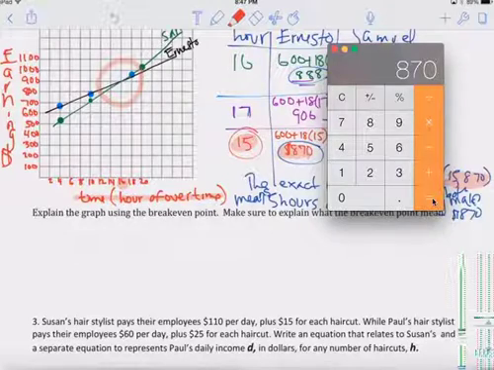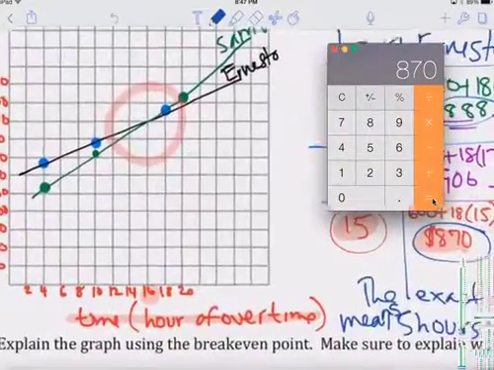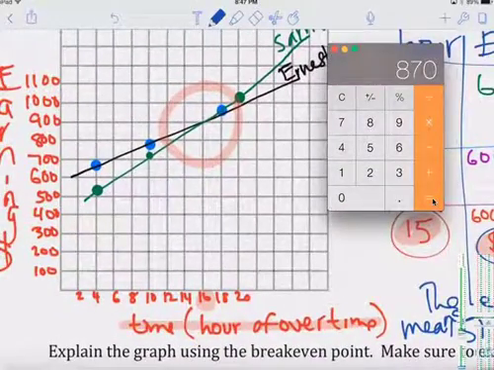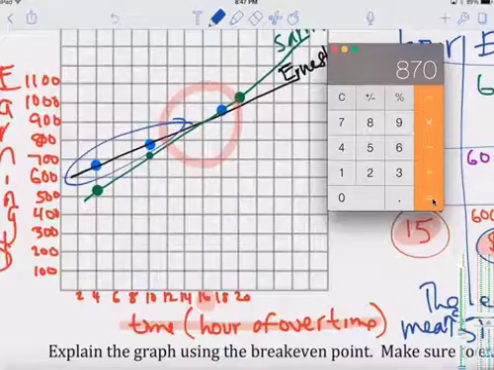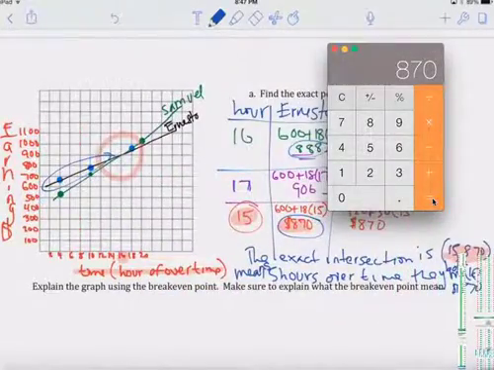Explain the graph using, okay, what happened before 15 hours? Before 15 hours, Ernesto made more money because his graph was on top. Okay, write this all down. I don't have time, and I'll take more video.